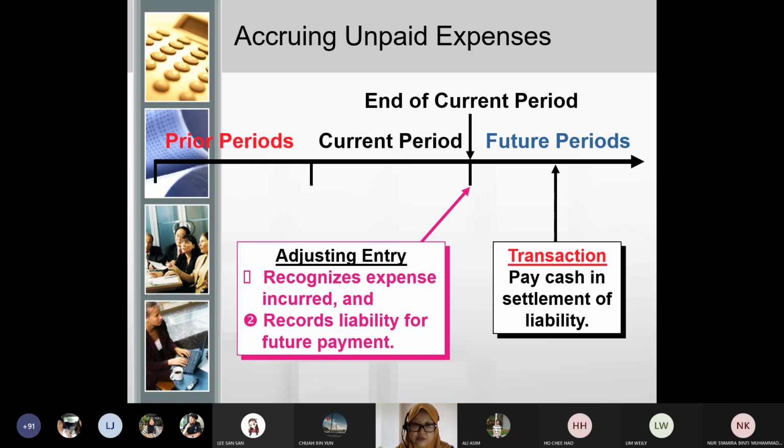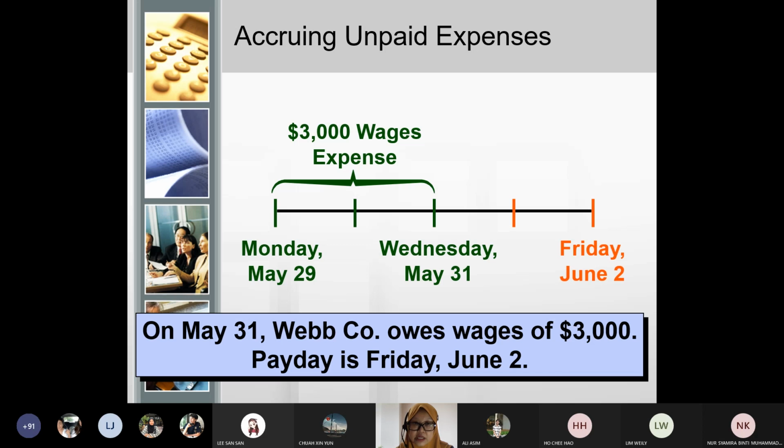Okay, so let's see an example so that you can understand clearly what accruing unpaid expenses is. In this example, these are accrued expenses. Let's say the company pays the salaries to the employees every Friday.